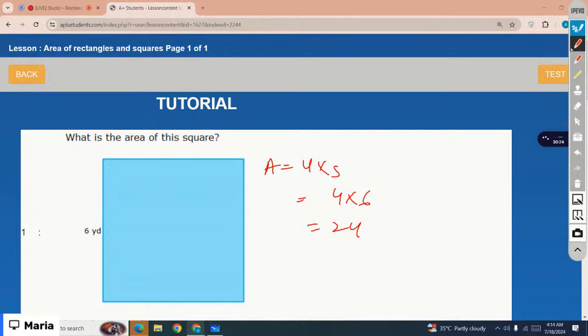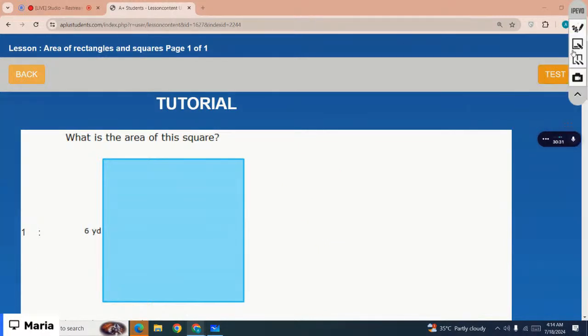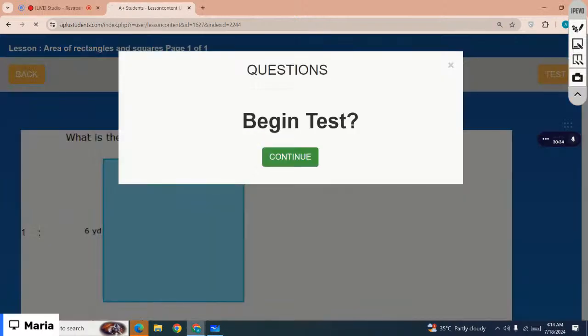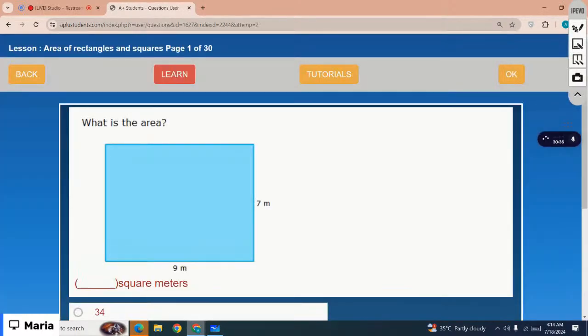Let's just start with the test questions. Let's see how we calculate the area of rectangles and squares. Okay, you are given a rectangle.